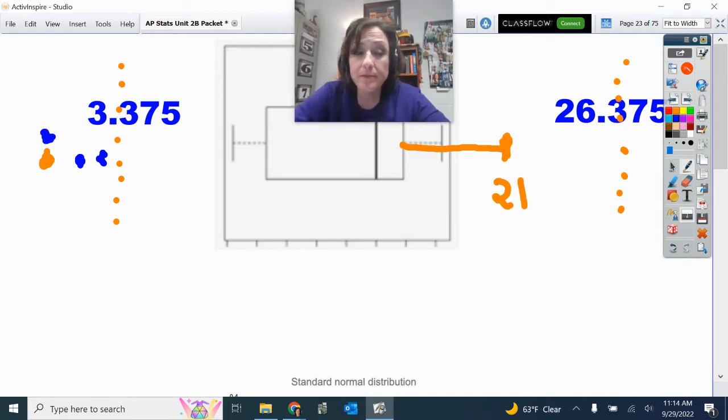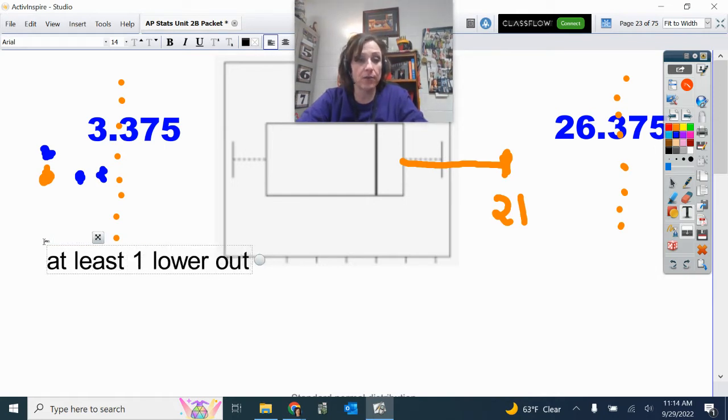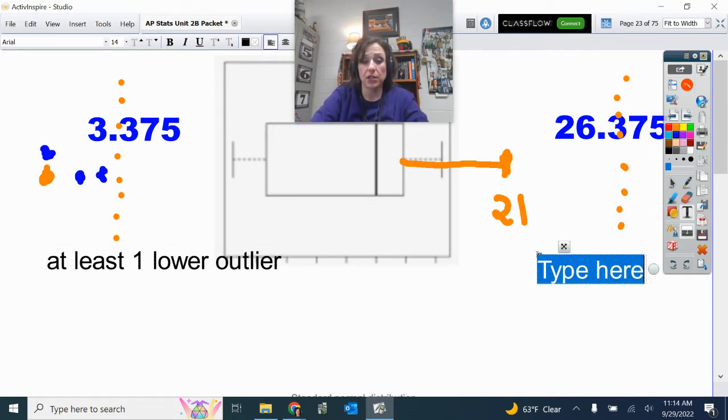I just know there's at least one lower outlier. So that's what I can confirm here: there is at least one lower outlier and no upper outliers.